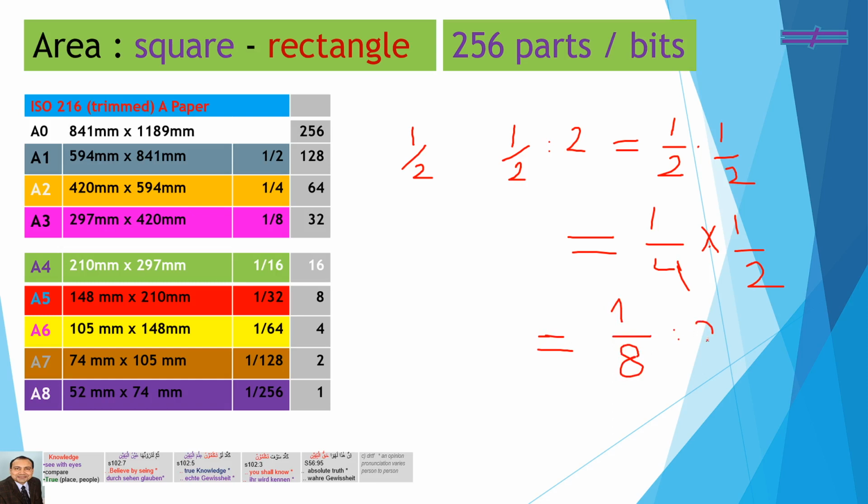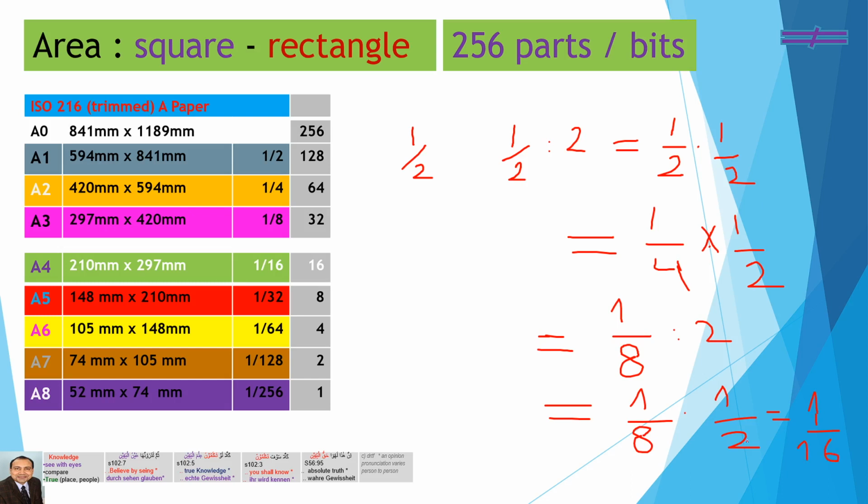Divide by 2 again, so you can rewrite similarly 1 divided by 8, then multiplied by 1 divided by 2. So 1 multiplied by 1 is 1, 8 multiplied by 2 is 16.